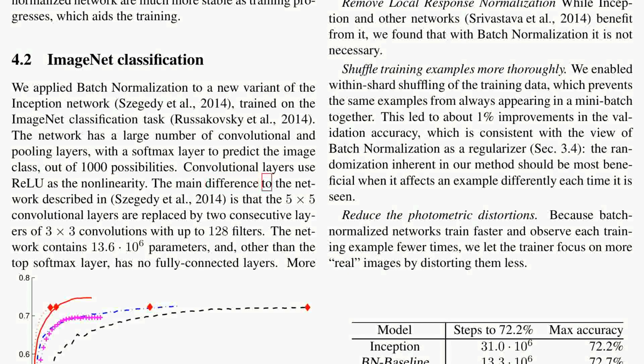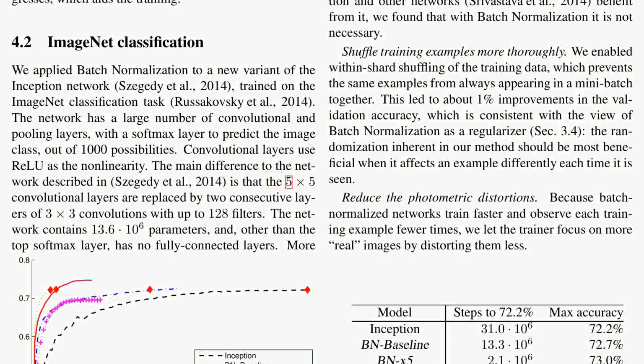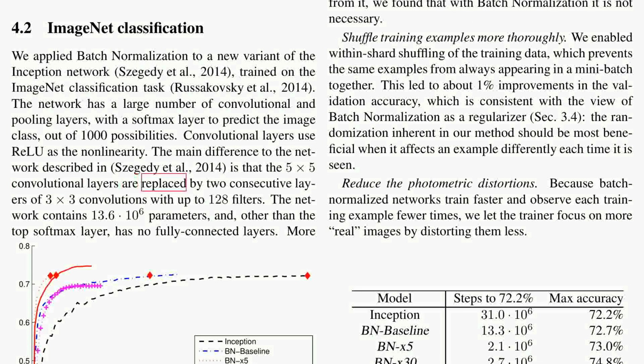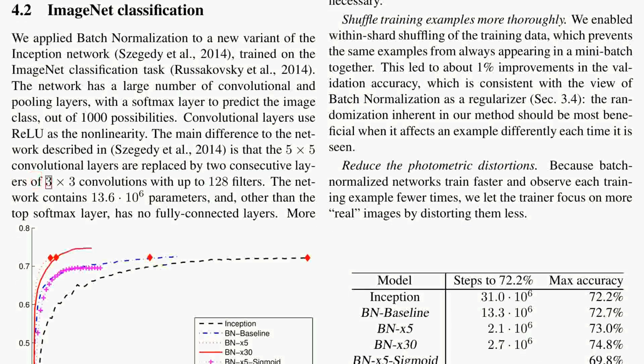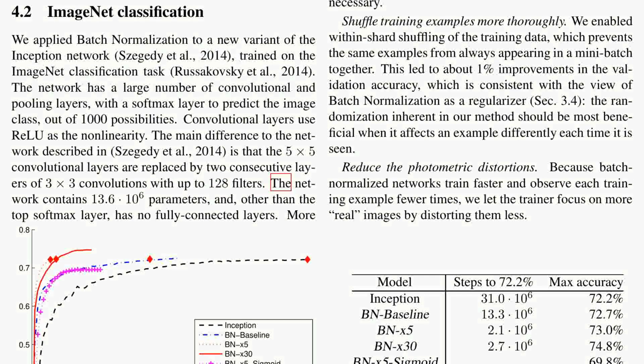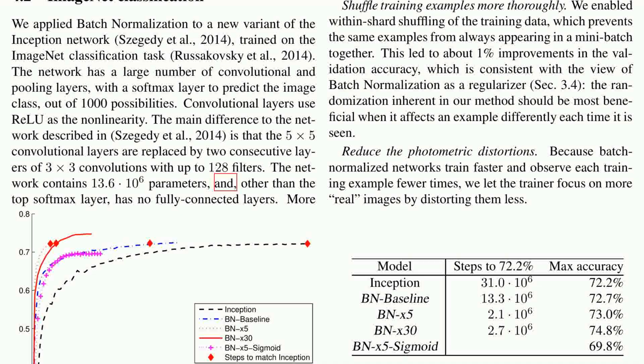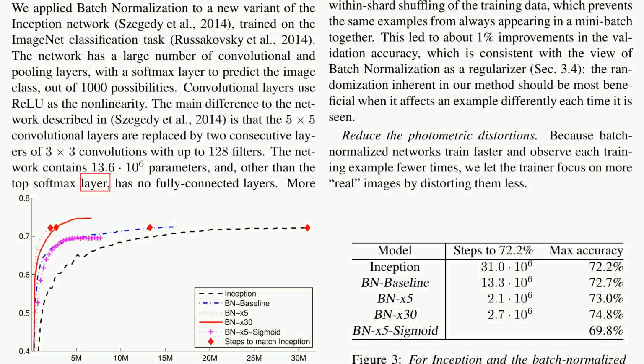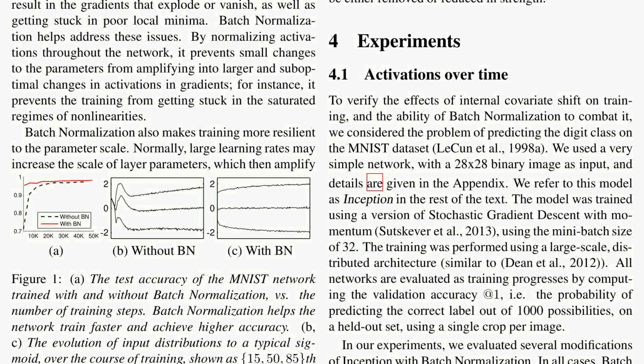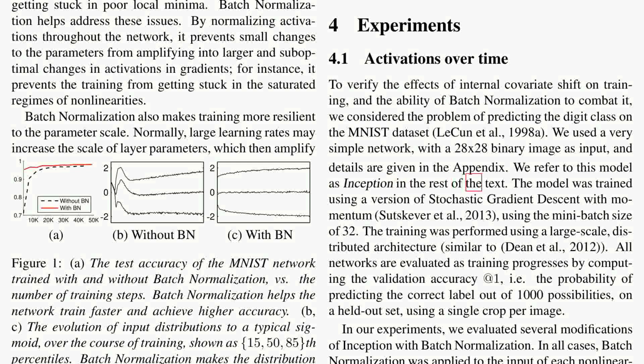The main difference to the network described in the paper is that the 5x5 convolutional layers are replaced by 2 consecutive layers of 3x3 convolutions with up to 128 filters. The network contains 13.6 x 10^6 parameters and, other than the top softmax layer, has no fully connected layers. More details are given in the appendix. We refer to this model as Inception in the rest of the text.